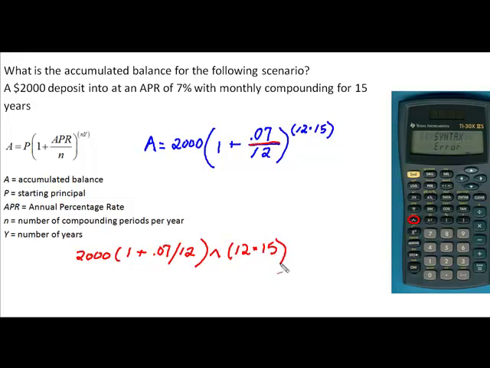Close the parentheses and press enter, which is right over here on this side of the calculator. When you do that, if you have entered everything in correctly, you should get $5,697.89.